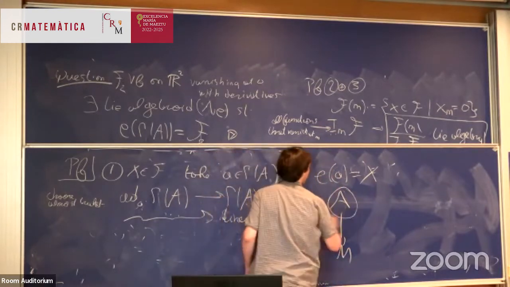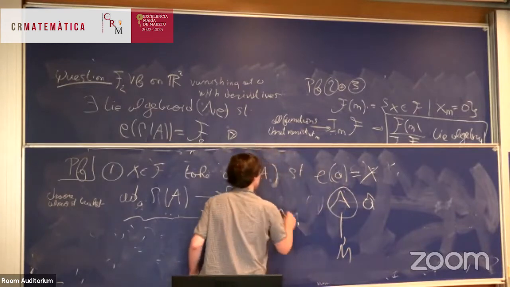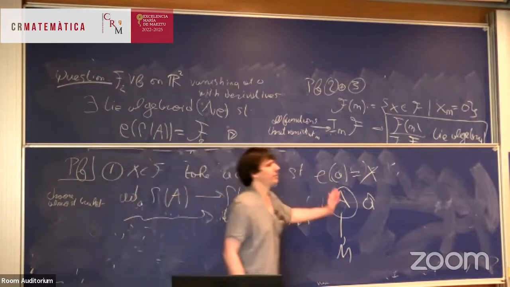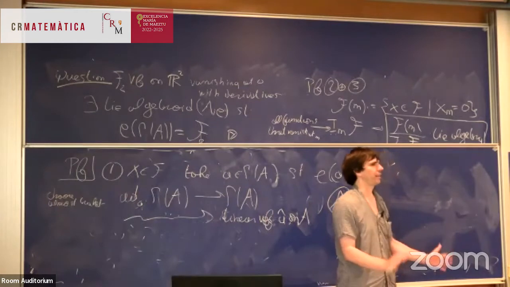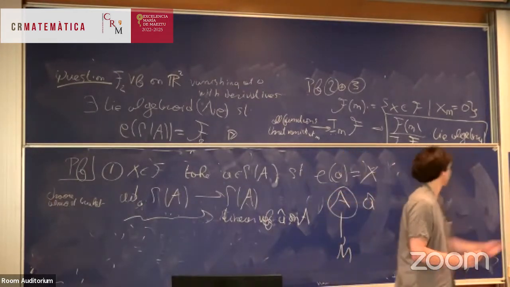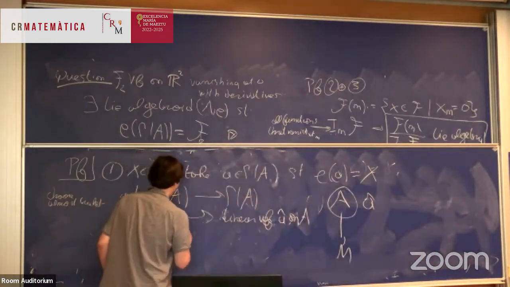You are going to have a vector field here, call it A hat. This vector field being linear means that its flow is a vector bundle morphism.